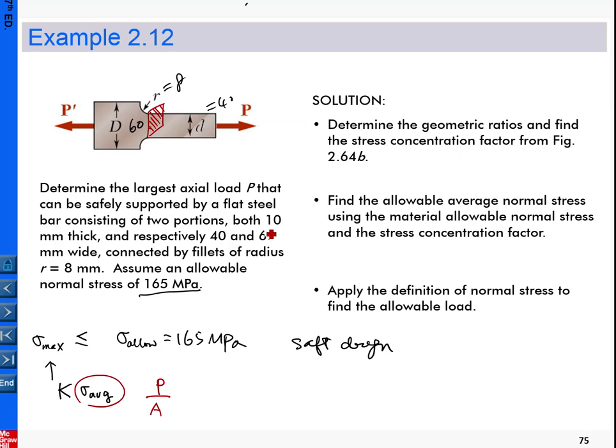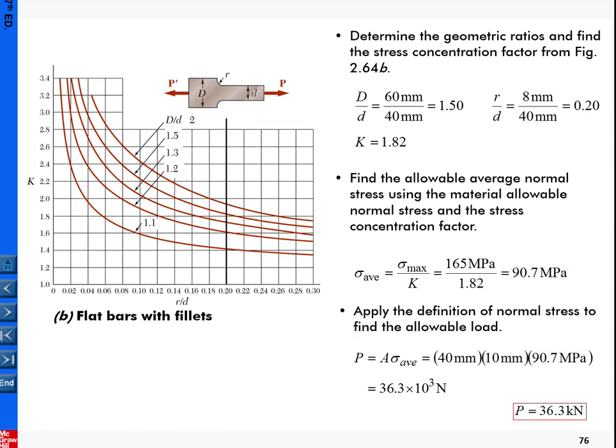This dimension is 10 millimeters thick and this dimension is 40, so A is 10 by 40 millimeter square. Since we have everything except K, on the next page we calculate how to determine K.